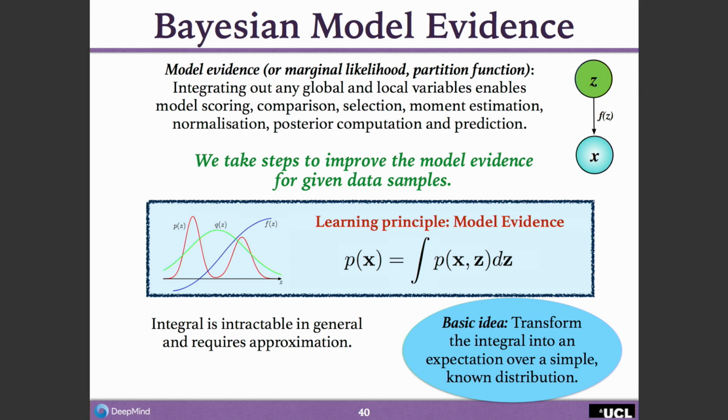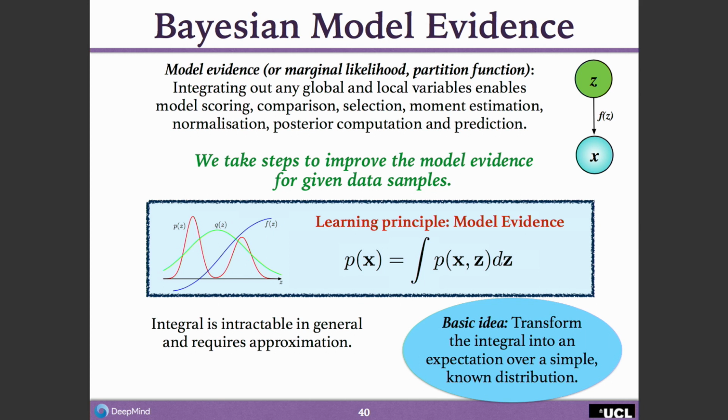And so that's the principle. If we have these latent variables, we want to integrate out z to know p of x, and once we know p of x, we're going to maximize it to learn the best model possible. Of course, there's an integral which is very difficult to compute, so maybe some of our tricks will be useful here. The basic idea is to transform this integral, which is an expectation of some distribution, into an expectation of a distribution that we choose.